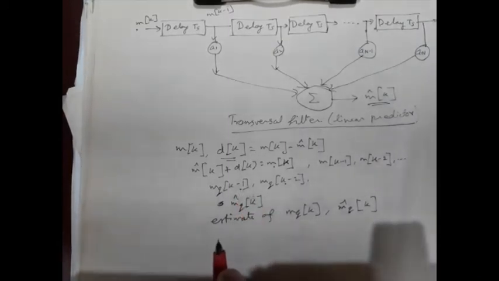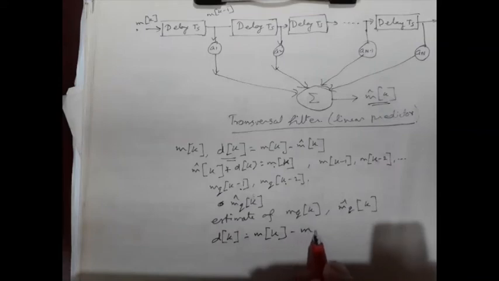Then the difference D equal to MK minus MQ cap K is now transmitted using PCM system.